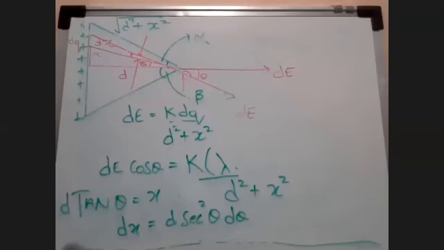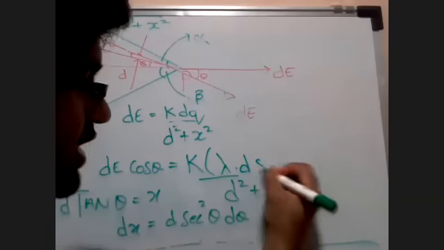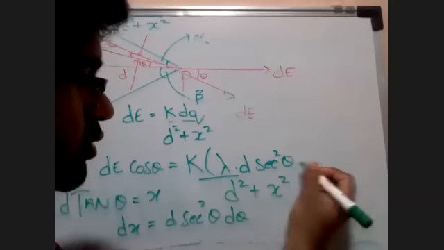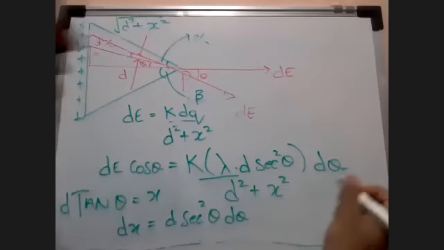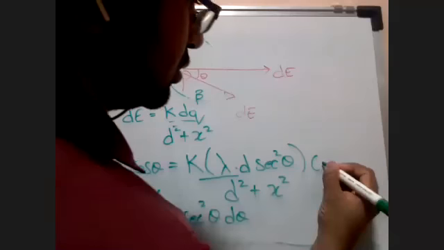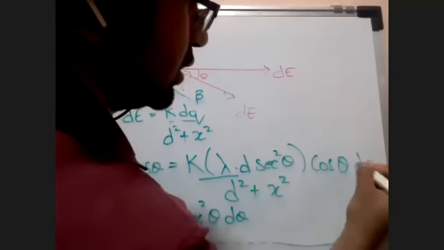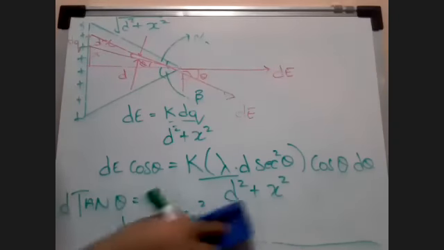What we'll get? dx, that is d sec square theta d theta, and there was a cos theta also. So cos theta d theta. Now we can integrate this. Why can we integrate this?